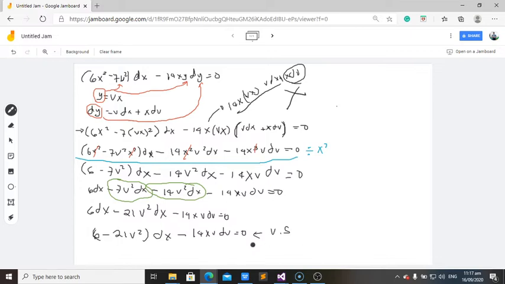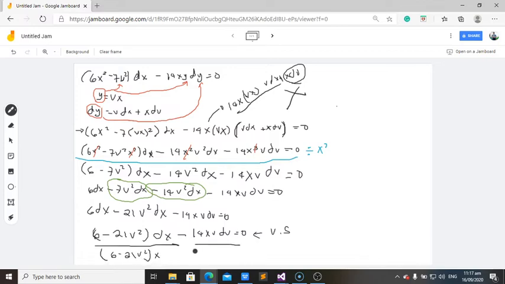So from here, in variable separable, obviously we will, in order to eliminate this or arrange this equation, we divide this one with x(6 minus 21v squared). Then ani kinanglan mawa si x, so multiply na to siya si x.